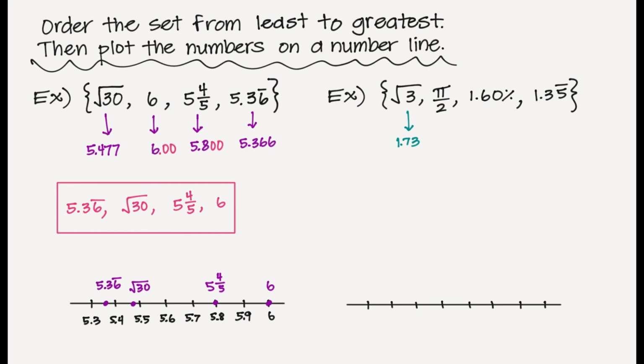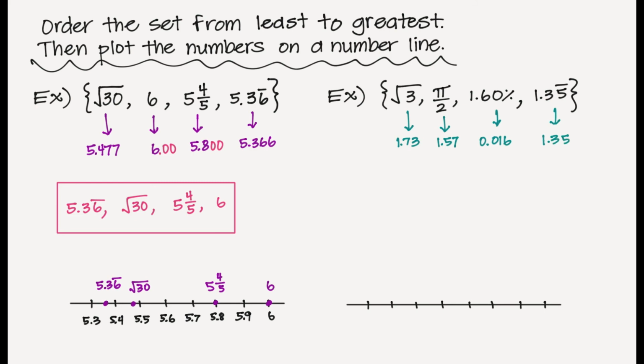Pi divided by 2 is around 1.57. 1.60%, I would move it twice to the left, so that would become 0.016. So you got to pay attention to that one. Finally, 1.35 with a bar over the 5 would just be about 1.35.